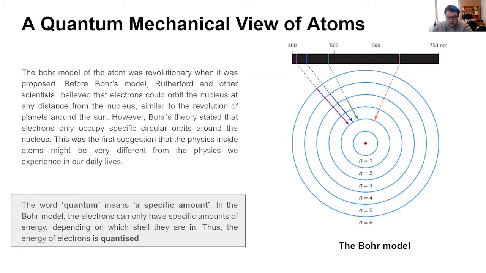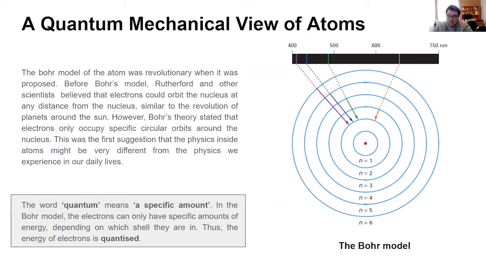Bohr was Rutherford's PhD student, and this model is sometimes called the Bohr-Rutherford model. But Bohr pointed out that the electrons surrounding the nucleus are at different energy levels, or another way of looking at that, different distances.